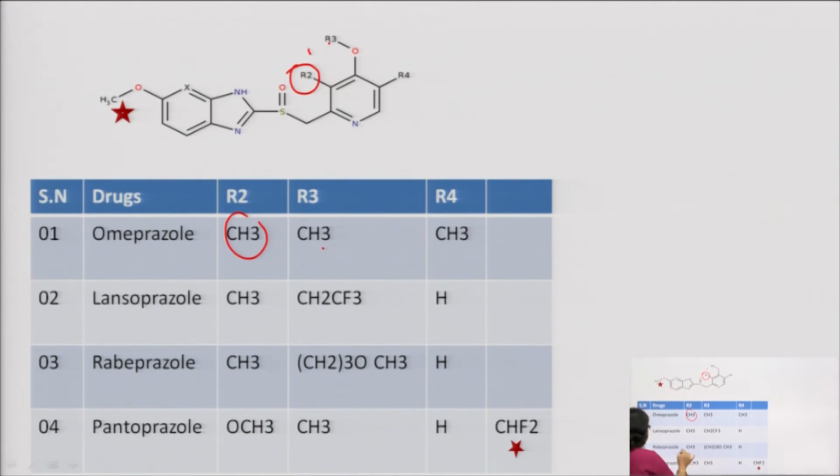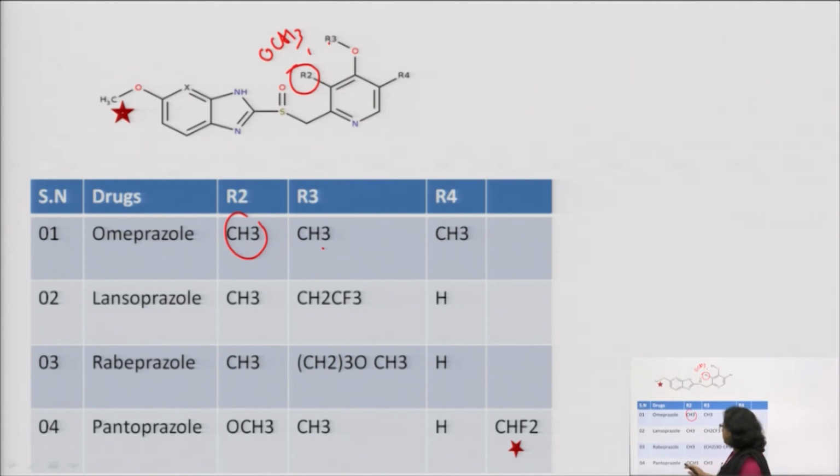But in case of pantoprazole, you see here R1 is methoxy group, OCH3, R2 will be methoxy group, but in the case of omeprazole, lansoprazole and rabeprazole, it is methyl group. Okay.